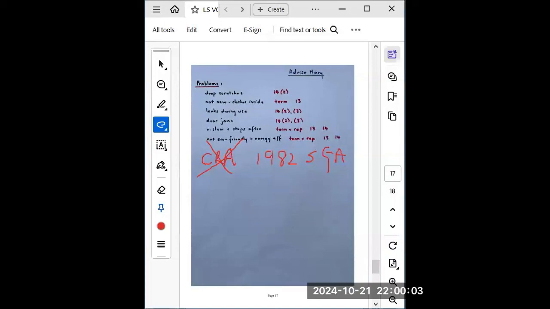Well, let me tell you, because we haven't done the 1982 Act yet. The Sale of Goods Act only applies where goods is the substance of the contract. The reason why I am querying this in this question is because we are told that Mary has part exchanged her old washing machine.